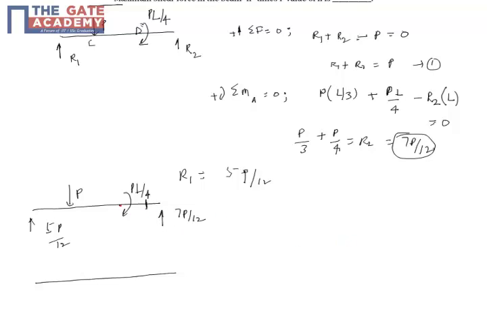You have 7P by 12 acting here. The shear force, which is the resistance offered by the left side on the right side part, will be 7P by 12. The shear force is acting downward, and when it acts downward we take it as negative, so we draw it here. This is still 7P by 12.